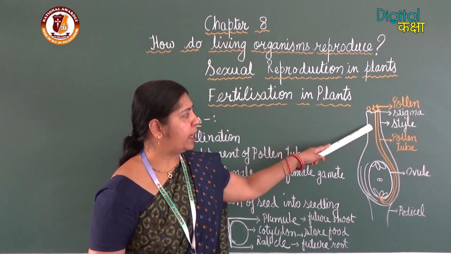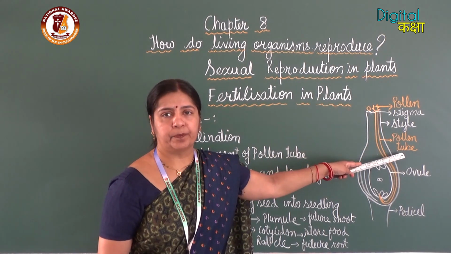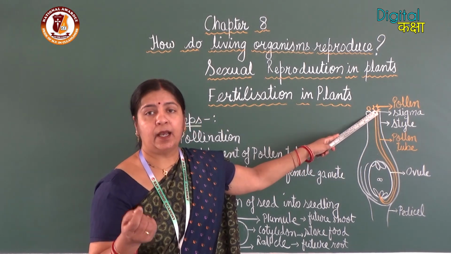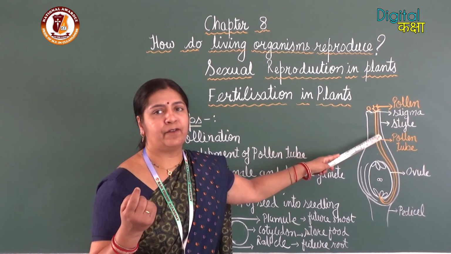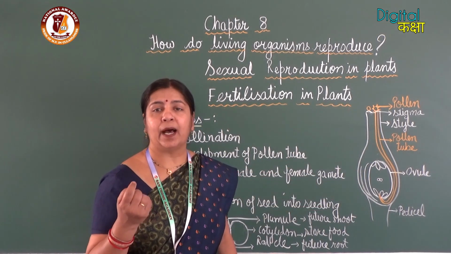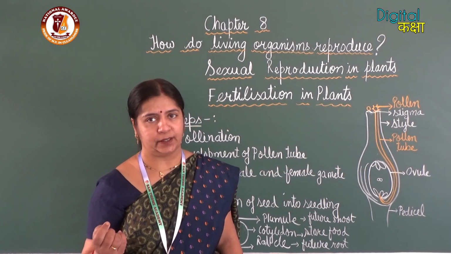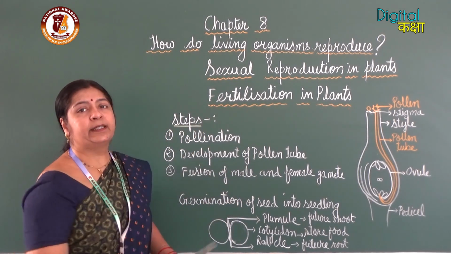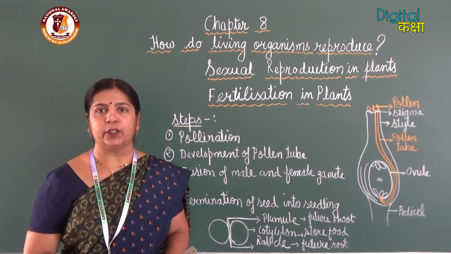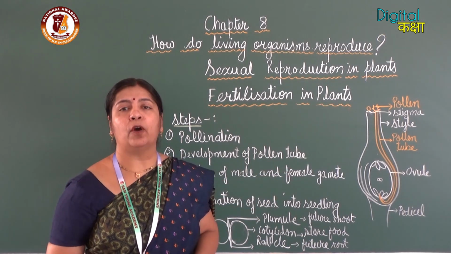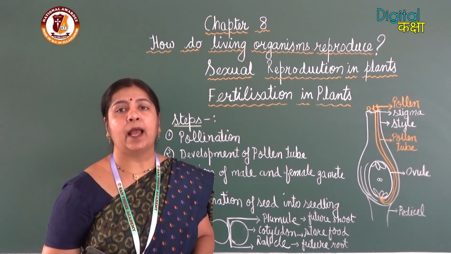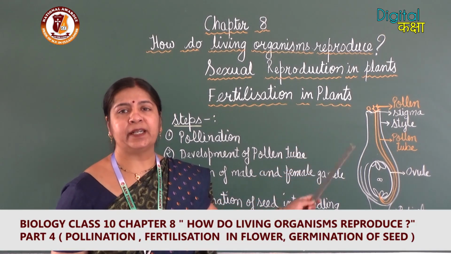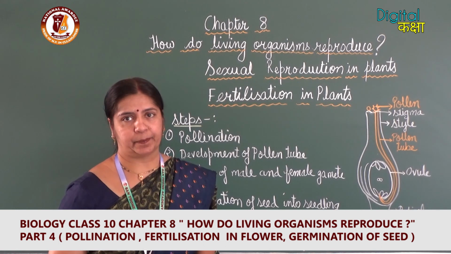Pollen will develop a pollen tube. So, after germination, the pollen will start developing a pollen tube under favorable conditions. This is step number 2, development of pollen tube. When the development of the pollen tube starts, the pollen nucleus will split into 2 nuclei.